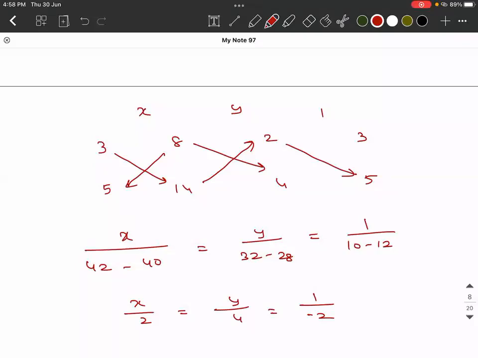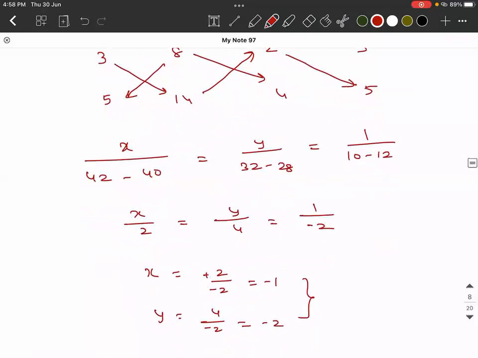Clear? Don't you think maybe you need to practice more to understand this? What is the doubt? Got it?